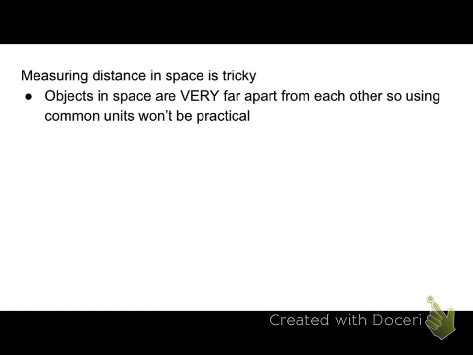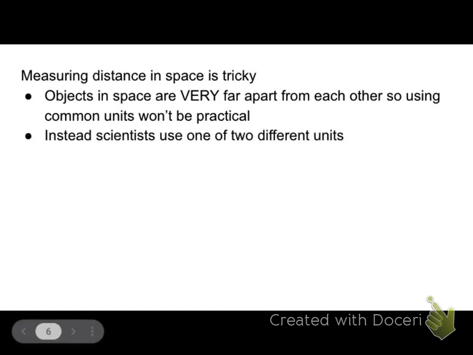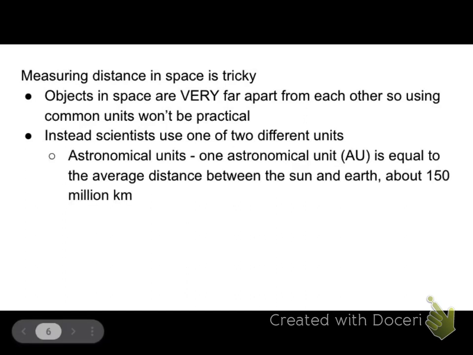So instead, we have 2 units that we use for outer space measurements. The first unit is called an astronomical unit, abbreviated as AU. 1 astronomical unit is equal to the average distance between the sun and the Earth, which is about 150 million kilometers. So you can see how measuring in kilometers would not work.